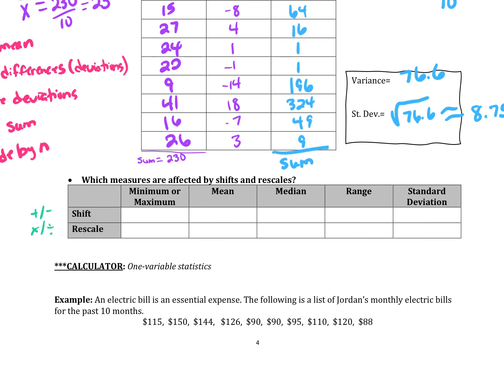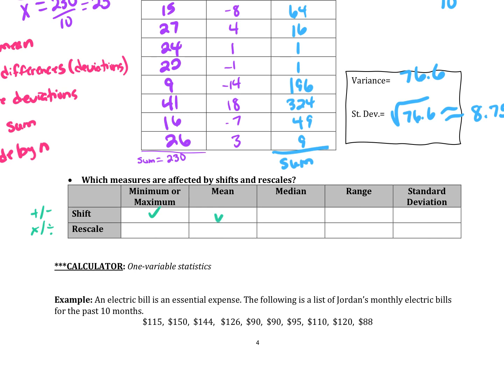If we are given a set of data, we can think about what the minimum value and the maximum value is. If we add or subtract the same value to each number in a set, then obviously our minimum and our maximum values are going to change as well. So min and max is going to change if we have a shift.